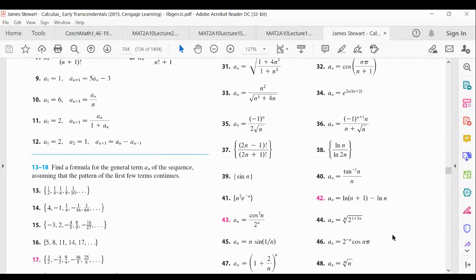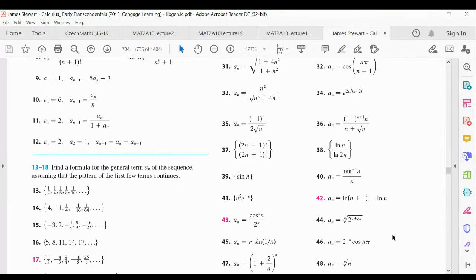The factorial function is multiplying numbers: you start with 2n minus 1, then what's the next one down? It'll be 2n minus 2, then 2n minus 3, all the way down to 1. That's the numerator.